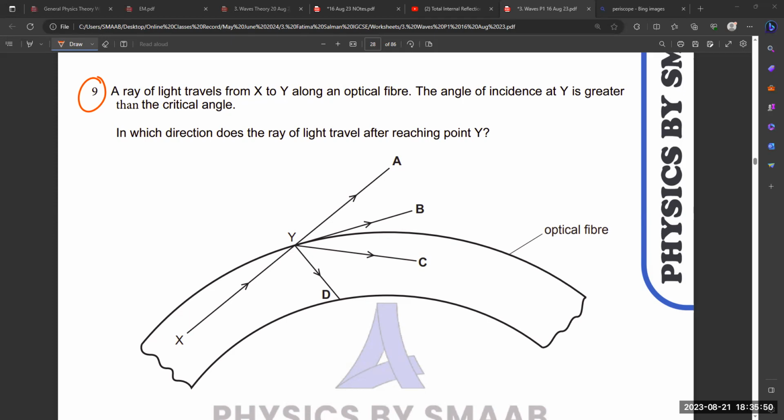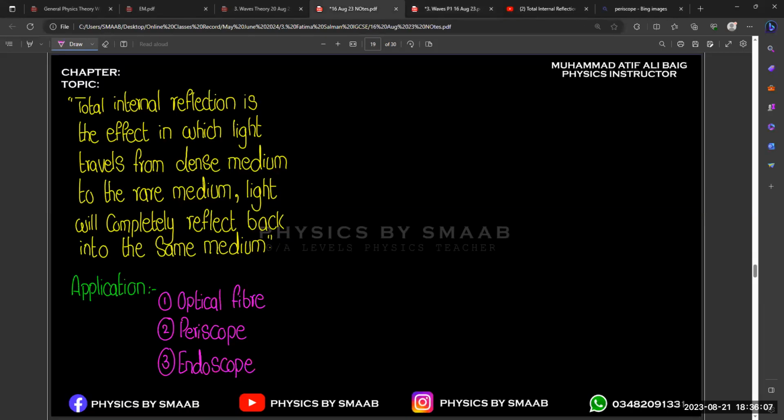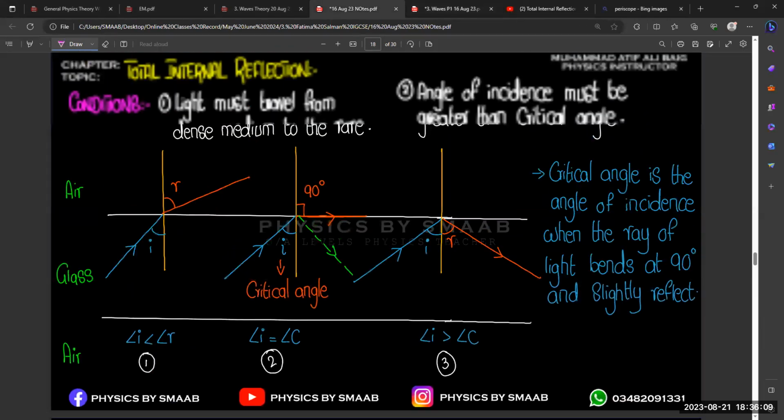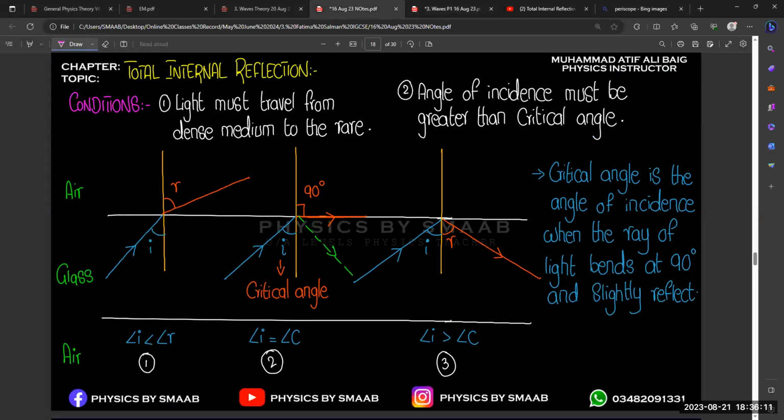Okay, in question number 9, a ray of light travels from point X to Y. This is point X and this is point Y. The angle of incidence at Y is greater than the critical angle. So according to the condition we discussed, the angle of incidence must be greater than the critical angle.